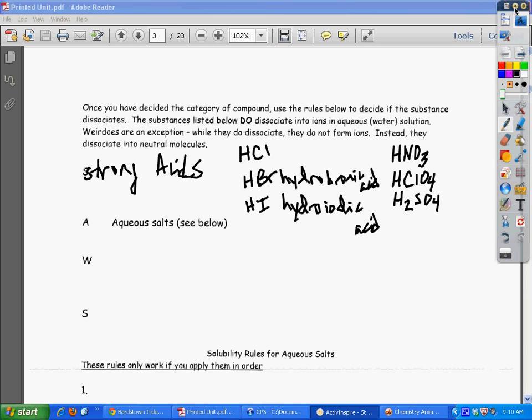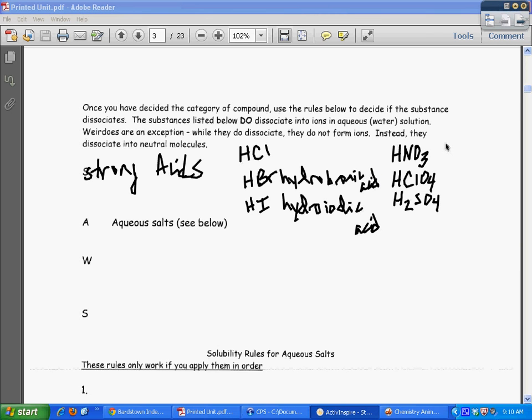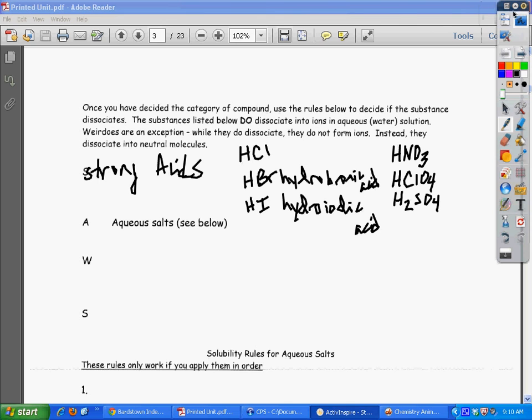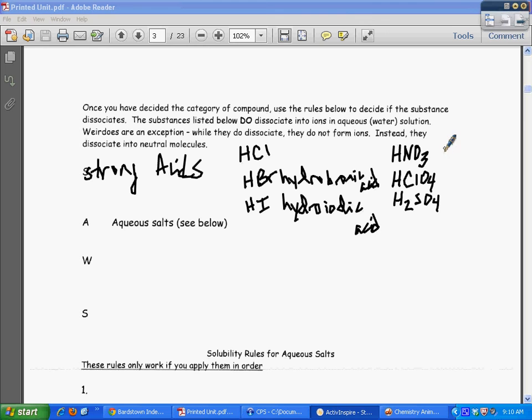HNO3 is nitric acid. HClO4 is perchloric acid. H2SO4 is sulfuric acid.